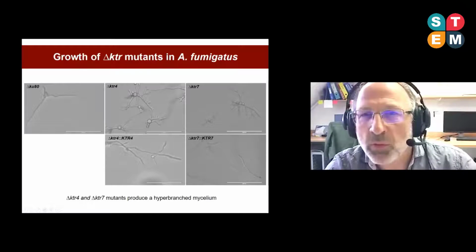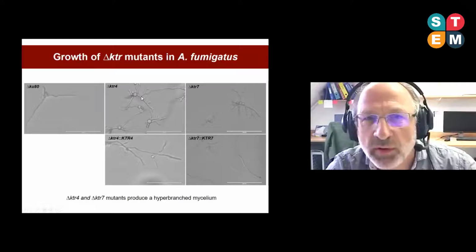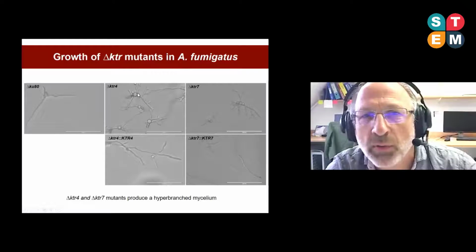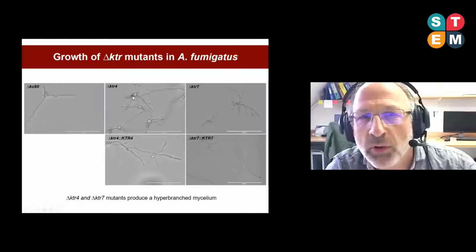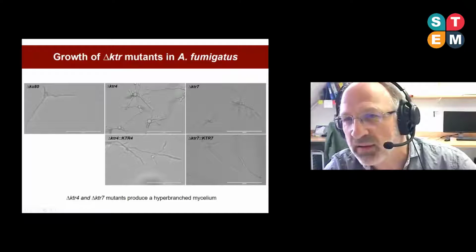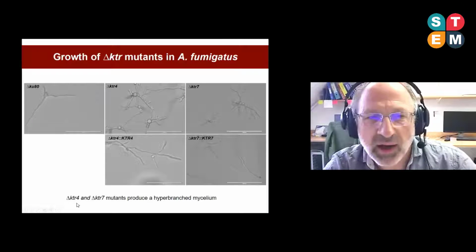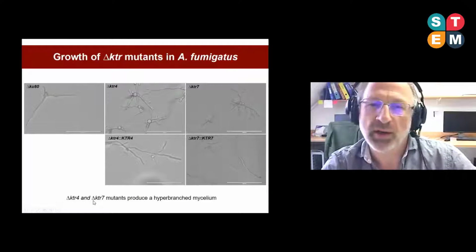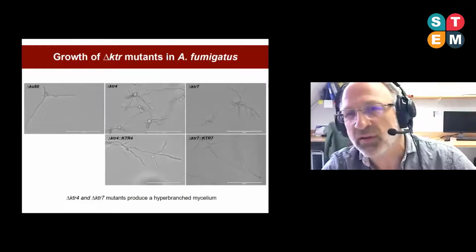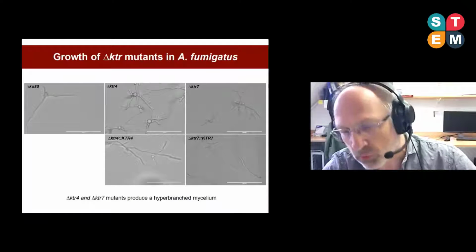And when we compare with these 2 mutants, hyphae are not linear, they are branched, and we observe also many filaments for only 1 conidia, showing clearly that this absence of Cre7 and Cre4 genes induces a hyperbranching mutant, indicating there is a defect in apical growth in this mutant.